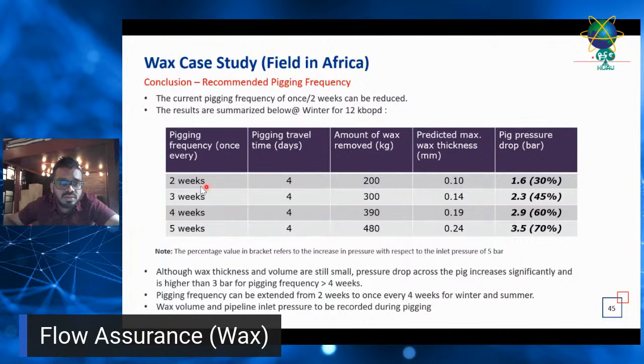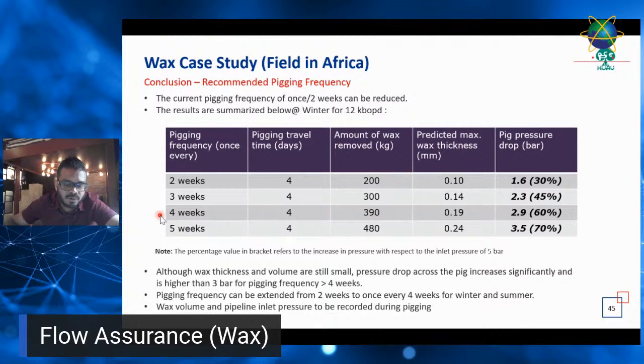Every 2 weeks is 1.6. So we are able to prolong the pigging activity by an additional 2 weeks. Instead of pigging every 2 weeks, we can pig every 4 weeks, and this can help in terms of production fluctuation as well, to manage the water instability.